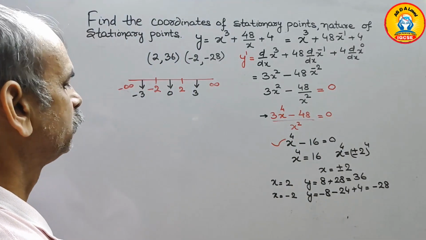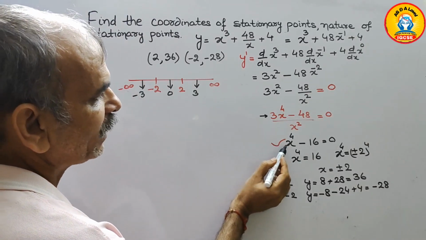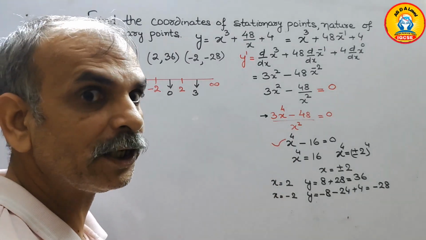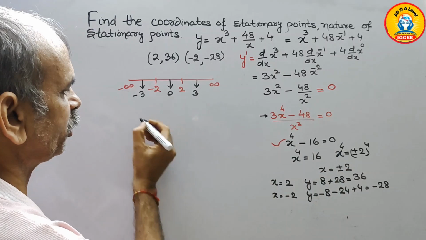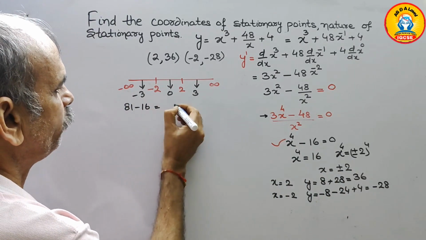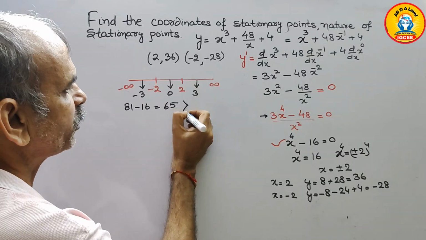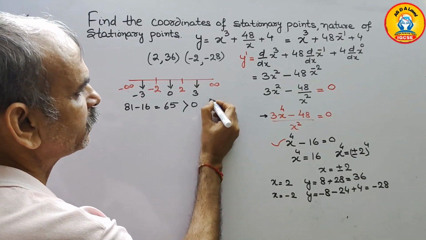What will we get? First is minus 3. Minus 3 to the power of 4 is 81. 81 minus 16 gives 65, which is greater than 0. That means it is increasing.